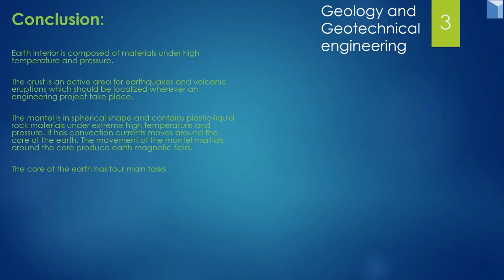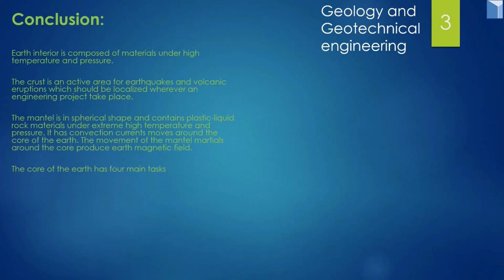The mantle is in a spherical shape and contains plastic, liquid rock materials under extremely high temperature and pressure. It has convection currents, and moves around the core of the Earth.